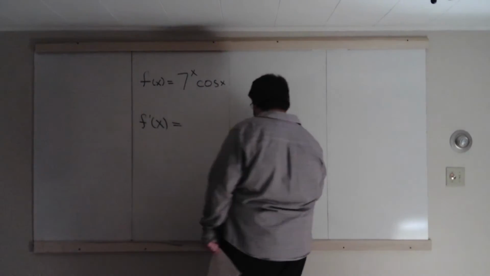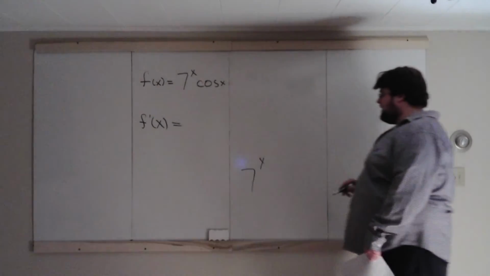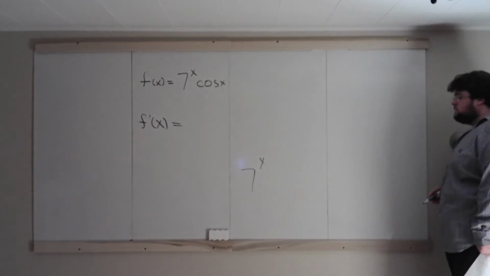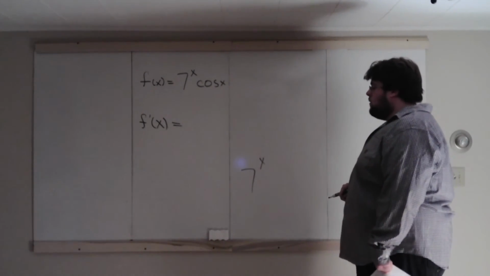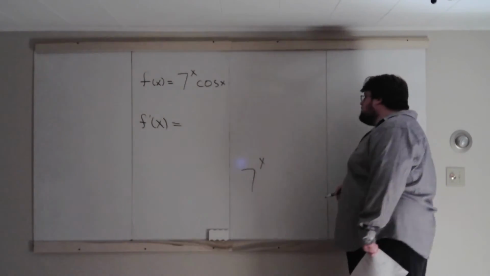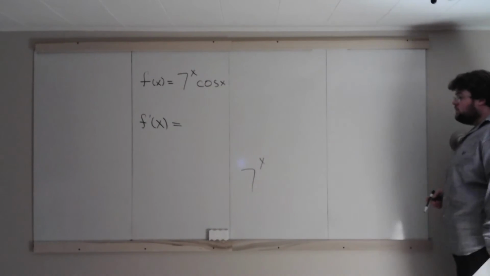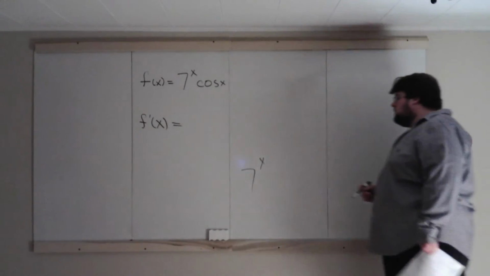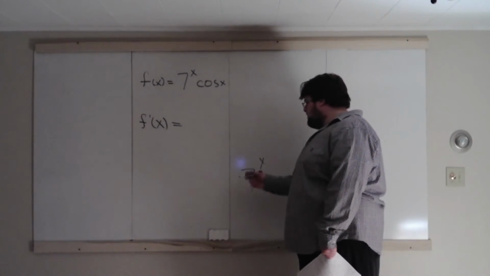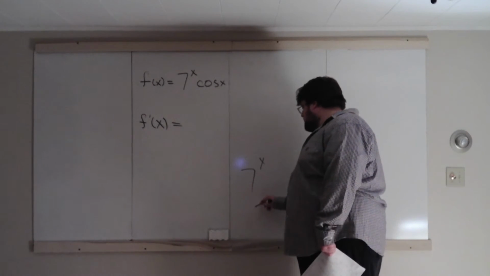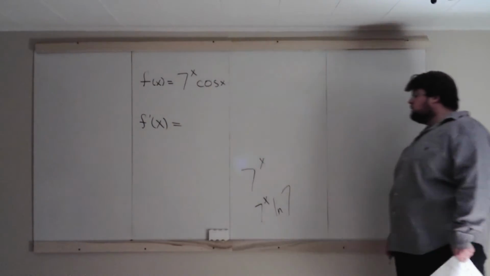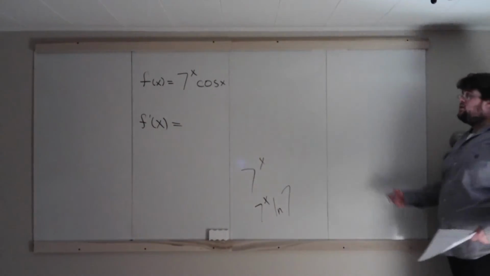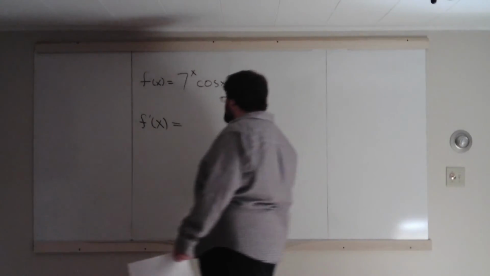Well, that is a number to the x. Rule 9 will apply to this with b equal to 7. The derivative of b to the x is b to the x log b. So the derivative of 7 to the x is 7 to the x log 7. And that's just part of our answer.